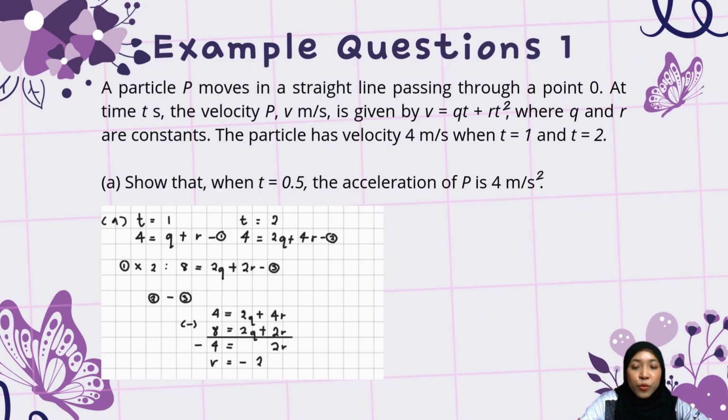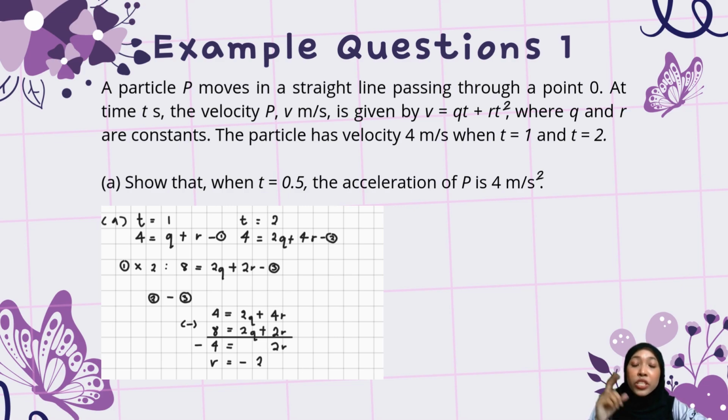Okay, now we move to question A, which is to show that when t equals 0.5, the acceleration of P is 4 m/s squared. So now we have t equal to 1 and t equal to 2. We form equations and get 4 equals q plus r, equation 1, and 4 equals 2q plus 4r, equation 2.